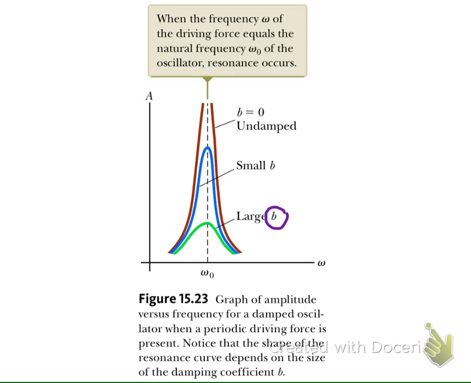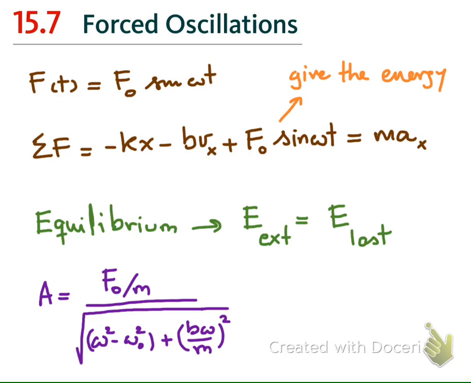In the ideal situation, that is, there is no resistive force, or B equal to 0, if the frequency of the external force is equal to the natural frequency, you will get an infinite amplitude, because if you look at this expression, if B is 0 and omega is equal to omega 0, this term is 0 and A approaches infinity.